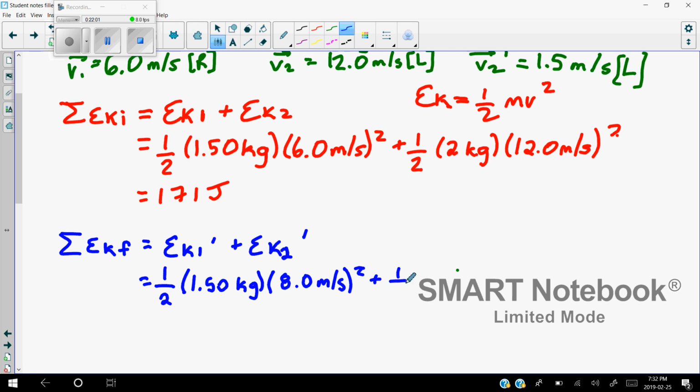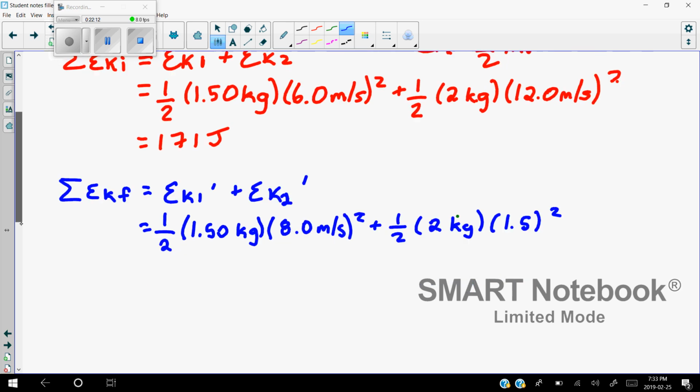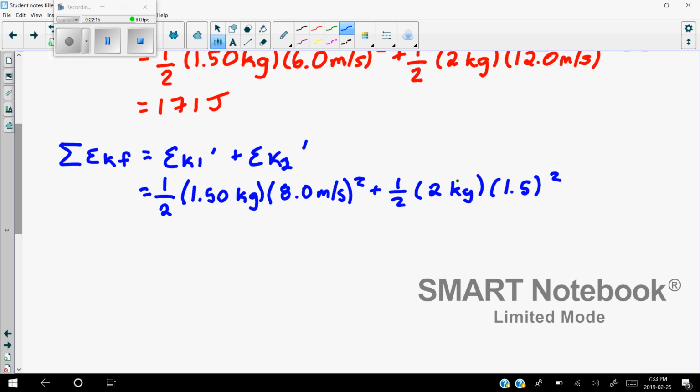Plus that with the mass of the second object times the velocity of the second object. And then go ahead and type that in your calculator.